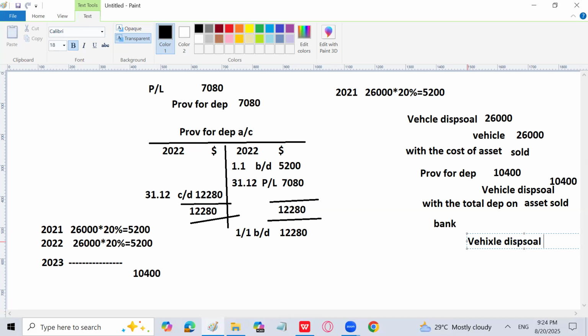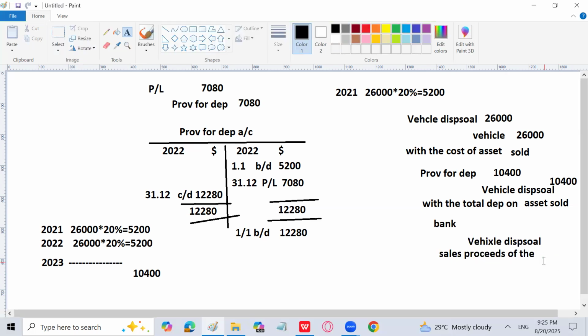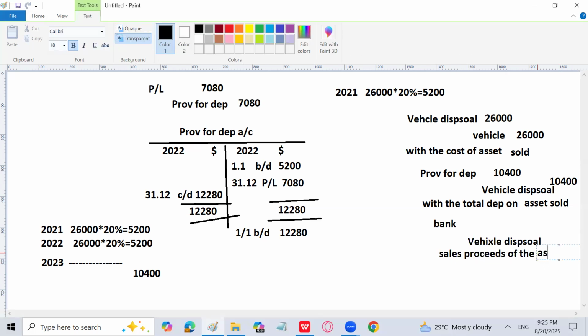It is used for a specific purpose, and then after calculating the profit or loss, it will be abolished. So bank debit and vehicle disposal credit, with the sale proceeds of the asset sold. Problem is this, that we don't have the sale proceeds available. It is not available with us, right? Because we don't know the sale proceeds.